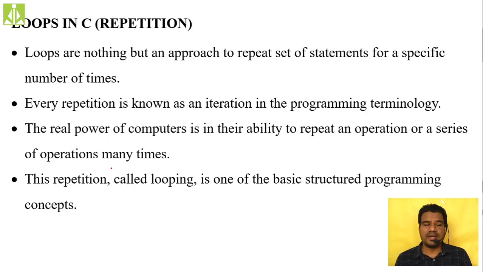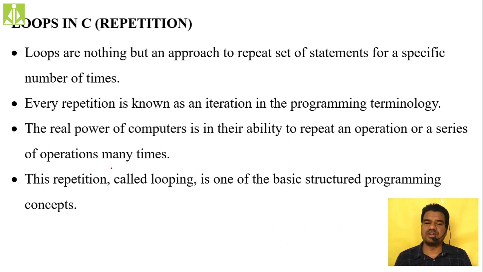So quickly, loops in C, repetition. With the help of these loops we are achieving repetition. Loops are nothing but an approach to repeat a set of statements for a specific number of times, and that repetition we will limit. We are not repeating that statement for an infinite number of times, isn't it?